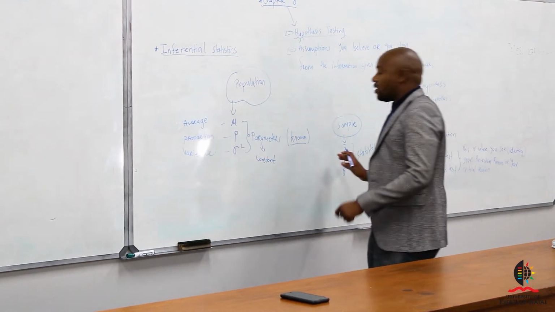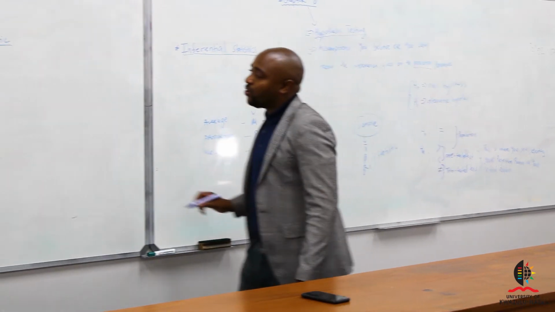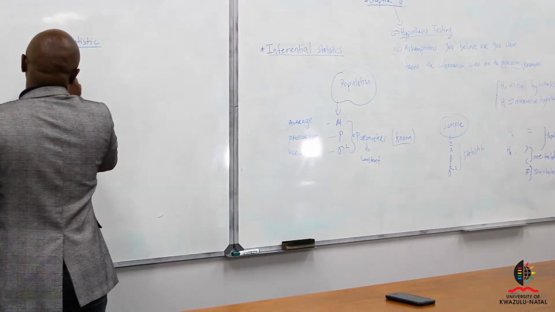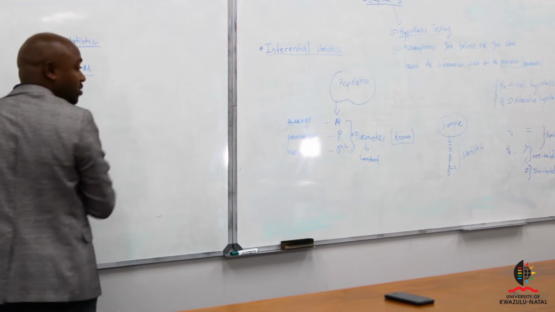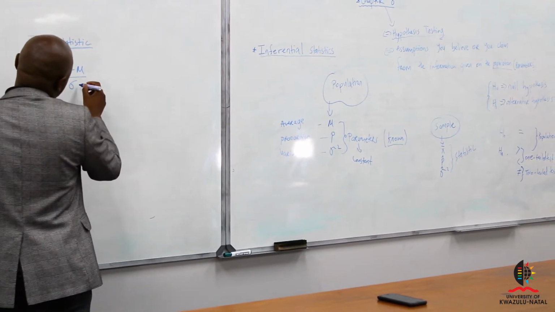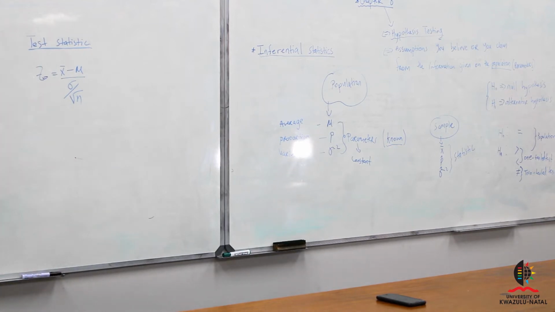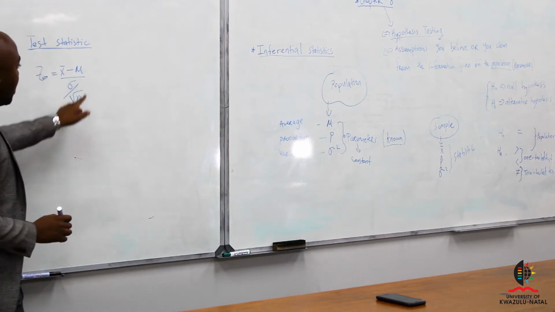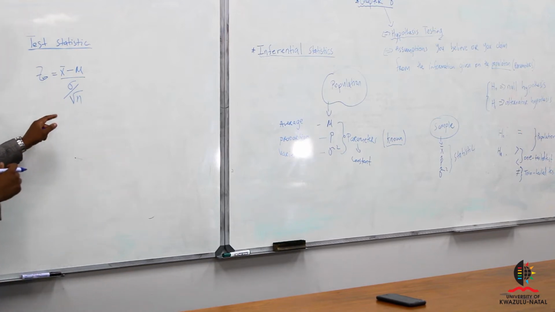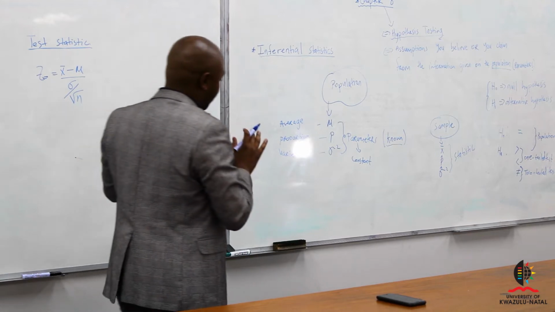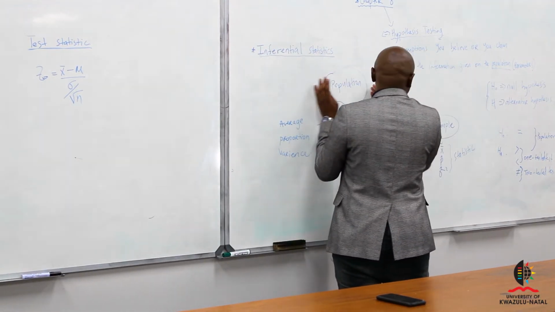Okay. Then if your hypothesis test is based on average, your test statistic is either Z0 equals X bar minus mu over the standard deviation of the population divided by the square root of n. This is the standard error. All the time you must include the standard error, because now you want to make conclusions based on the population using the sample.